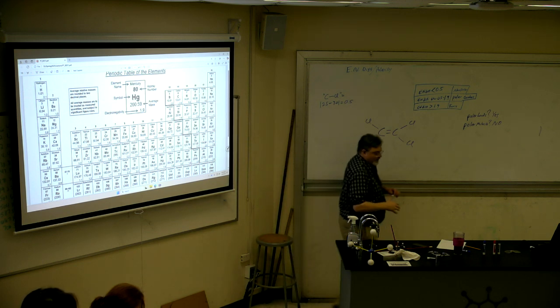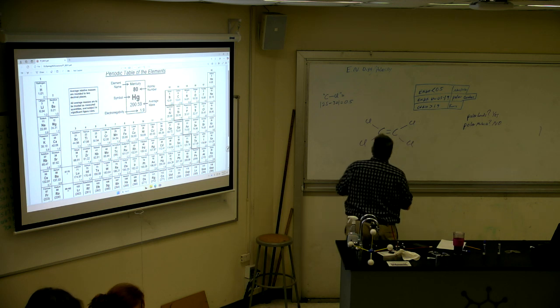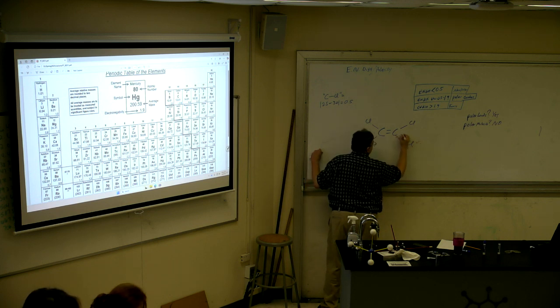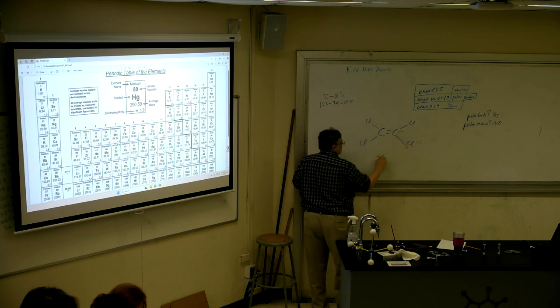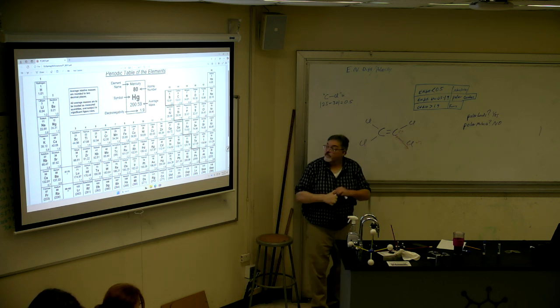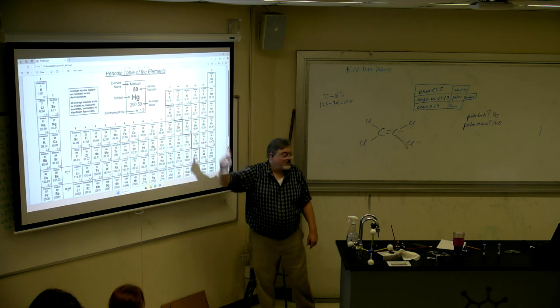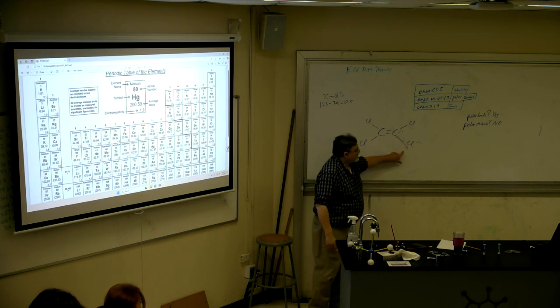If I drew the arrow, the dipole, I would do this. And if I drew this in, it would be slightly negative, slightly positive, because chlorine is 3.0 and carbon is 2.5. That means the chlorine is the negative.